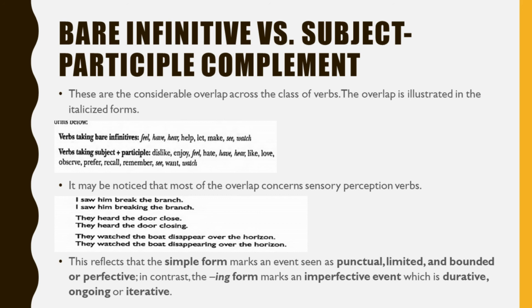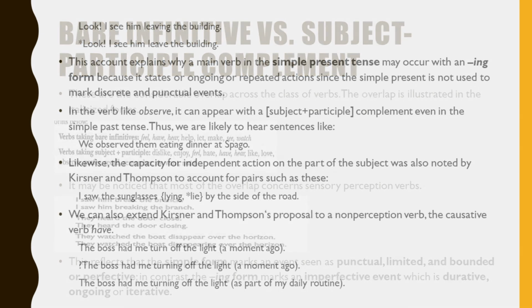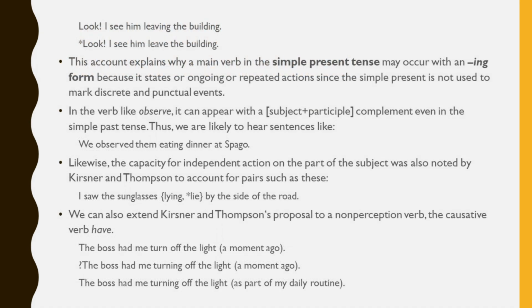In contrast, the -ing form marks an imperfective event, which is represented as durative, ongoing, or iterative, seen without focus on its beginning or end. This account explains why a main verb in the simple present tense may occur with an -ing form but not a bare infinitive.